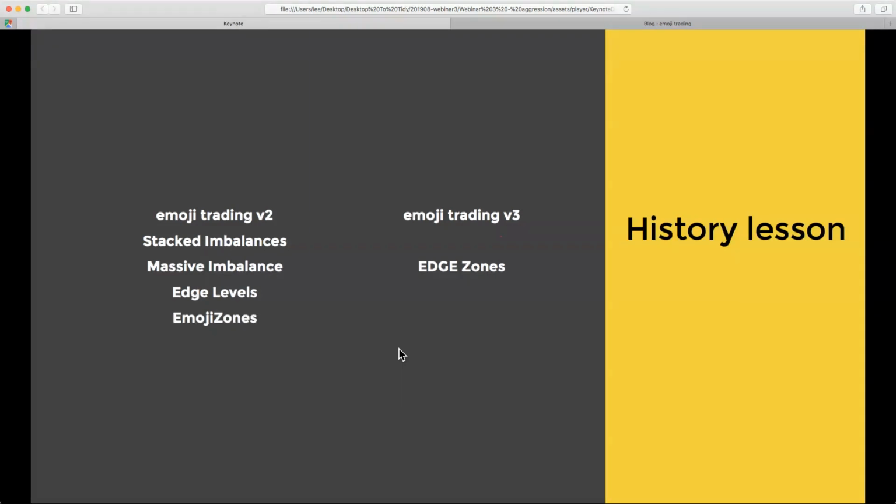We introduced emoji zones around that time, which considered order flow. So rather than just stopping based on price action, we would consider how price has traded around or through the particular level that's been identified historically by the supply-demand event, and then allow that level to be painted as new demand or continuing demand or exhausted demand, and then reverse roles into new supply, that was demand that's potentially becoming continuing supply or exhausted supply.